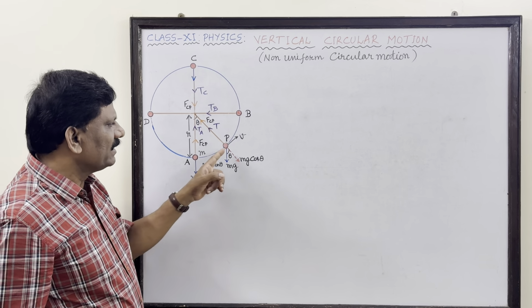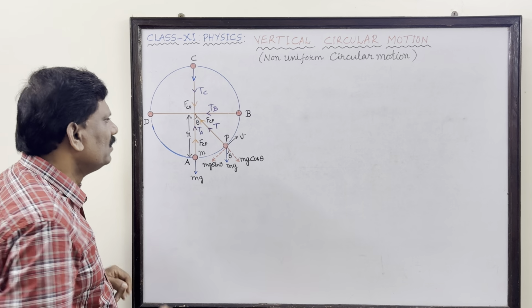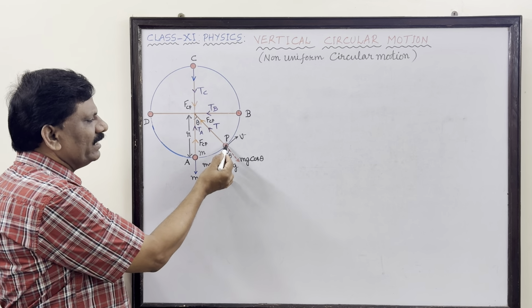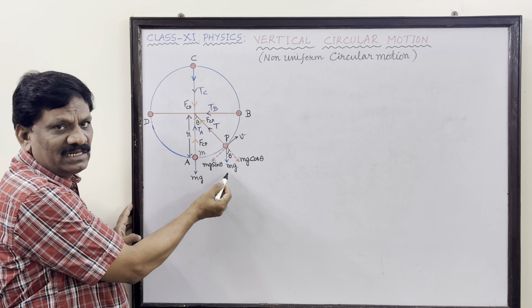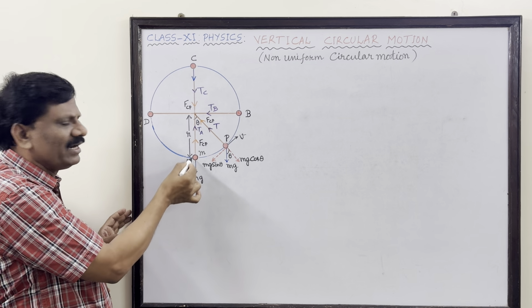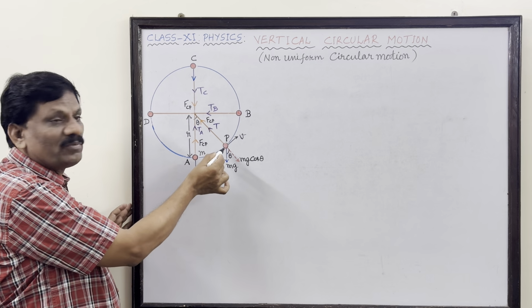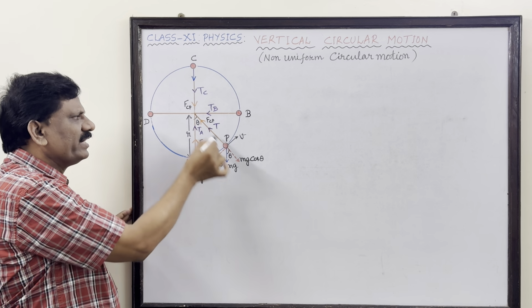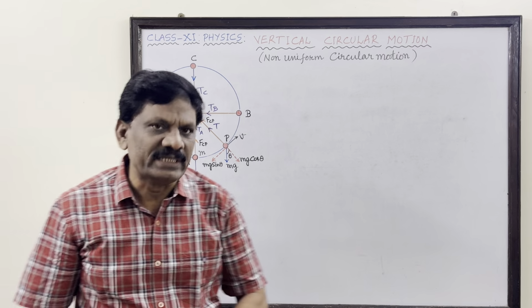When the body is reaching the position P, the weight of this object is always acting vertically downwards. And you can see that the string, which is equal to the radius of the circle, has moved from the position A to the position P. So the string subtends an angle theta with respect to the initial position.